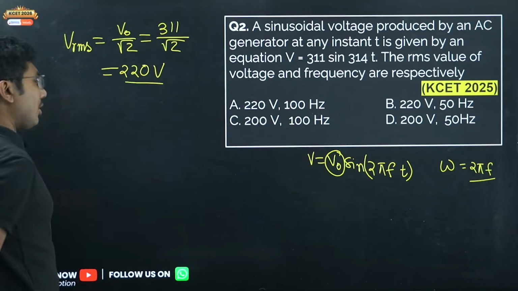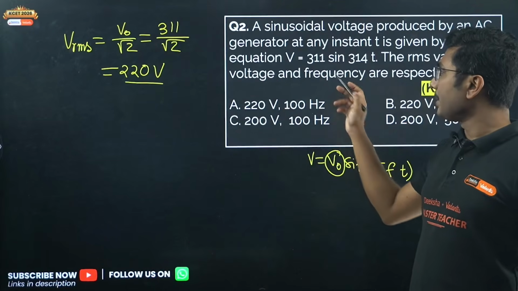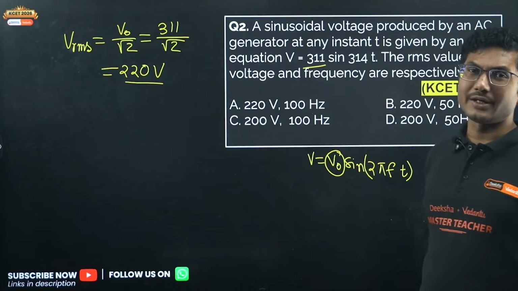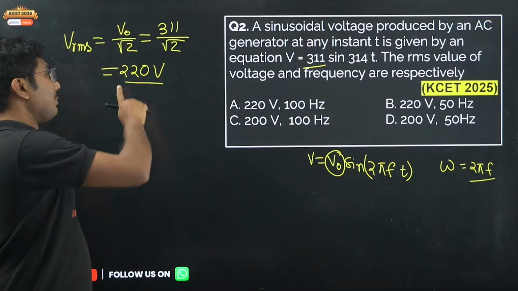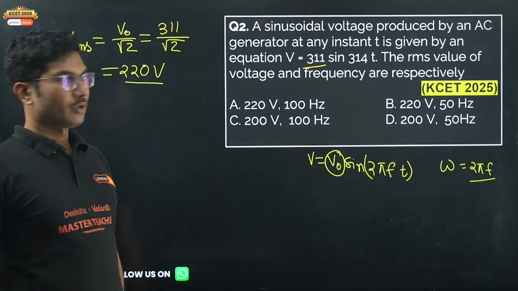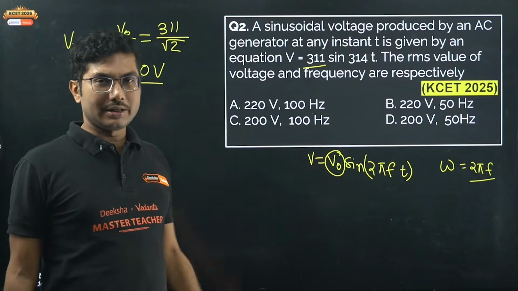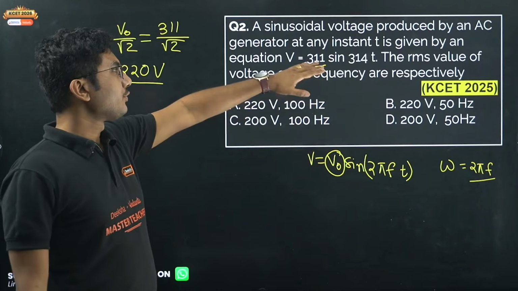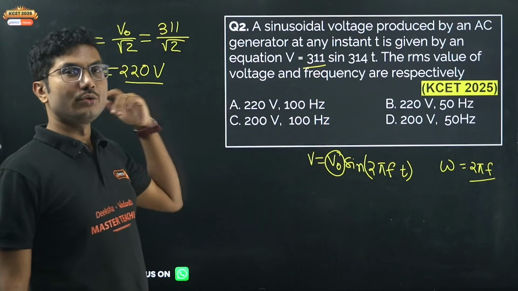Now obviously calculators are not allowed, but you should remember this specific term 311. 311 is actually what you get when you multiply 220 with root 2. This value is very familiar and it appeared in your textbook multiple times.